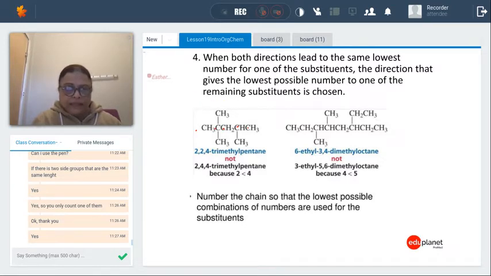Let's say that I start counting from right to left. Then I have positions 2, 3, and 4. That would be 2, 4, 4, because here I have branching at position 4. So it would be 2, 4, 4-trimethylpentane if I count this way.